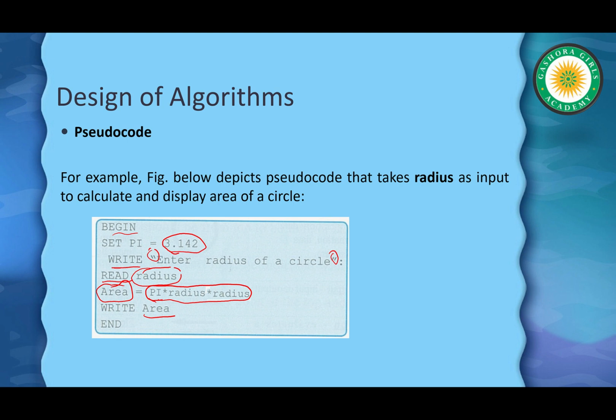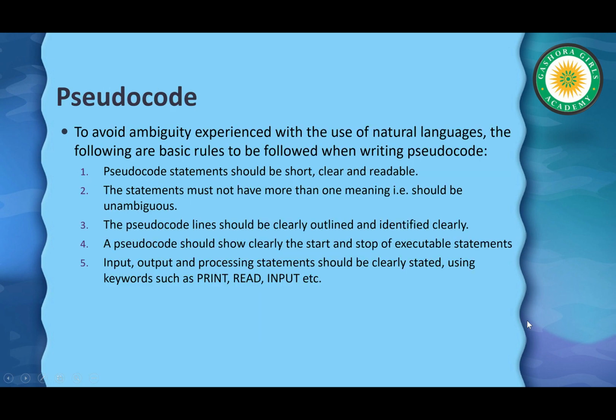Then the process will be to calculate the area by taking radius times pi. Then we display the area which has been calculated, and we end the pseudocode or the algorithm.